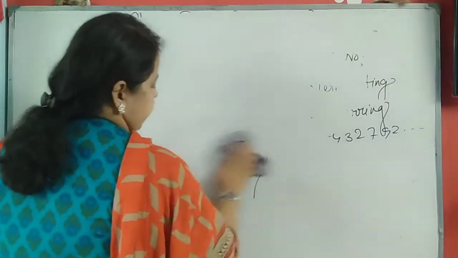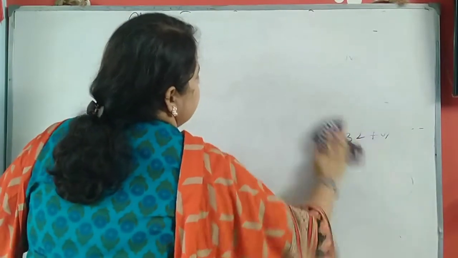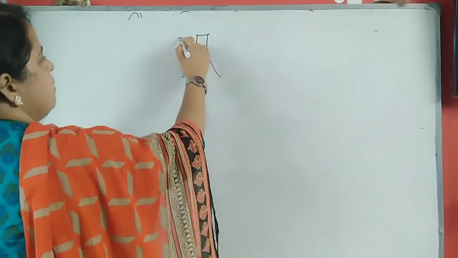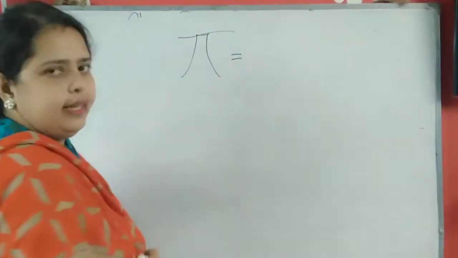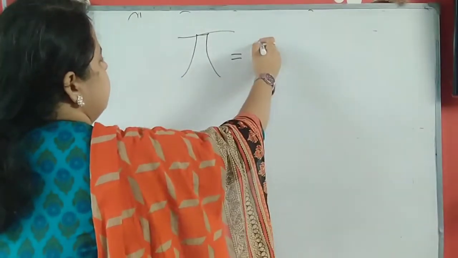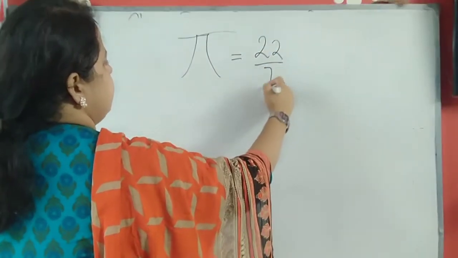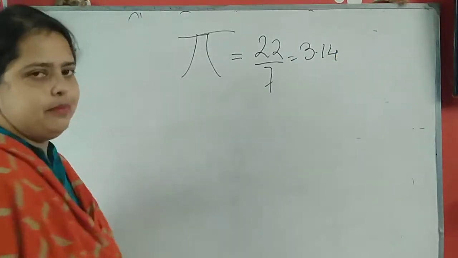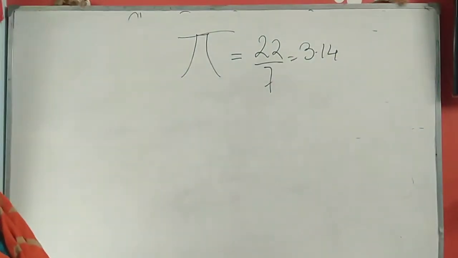What about pi? Yes, whenever this particular word pi comes into your mind, we are getting one answer, that is 22 by 7, because in class 8 you have used this particular value of pi so many times, no?